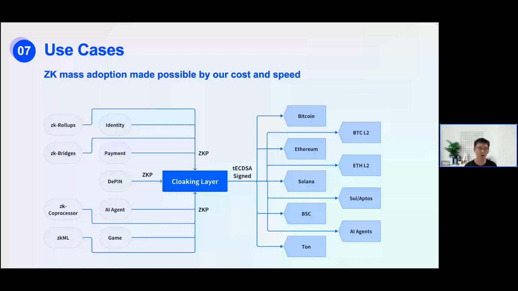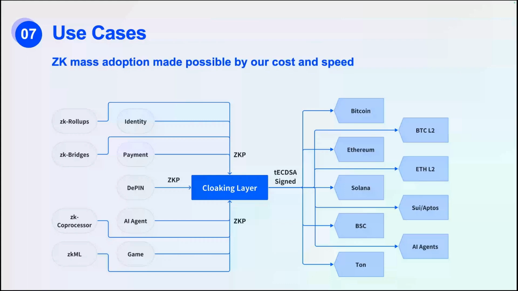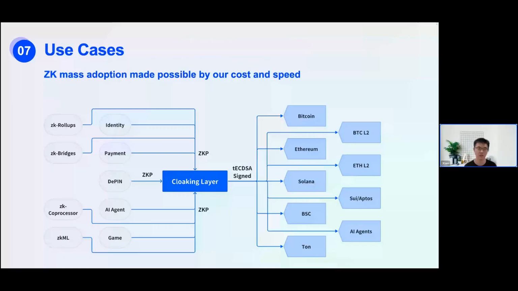And we also have some other fields like payment, identity, or DePIN. You can use it for gaming. You can use it for AI agents. All the proofs generated in these use cases can be verified in the Cloaking Layer, and they can be signed using the Chain Fusion technology and sent to a target chain.